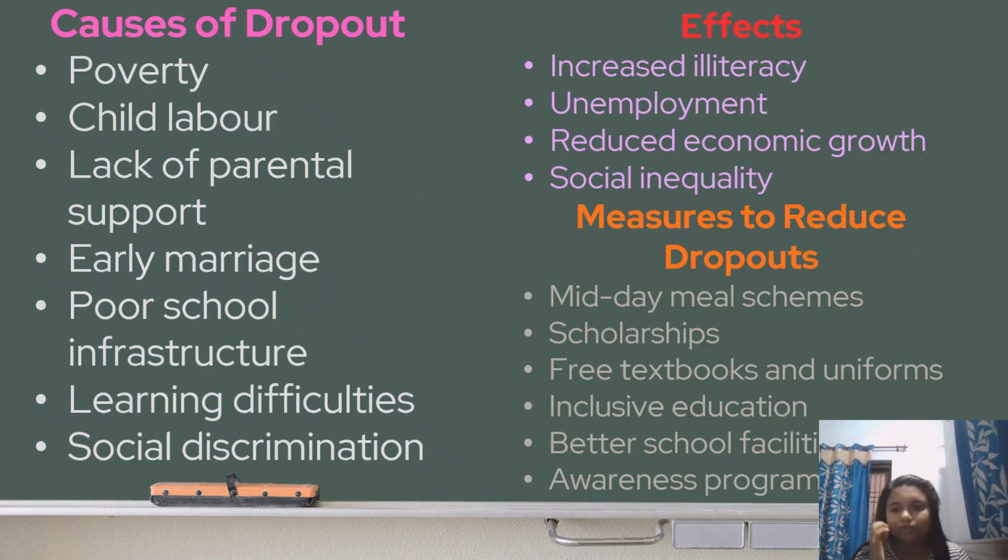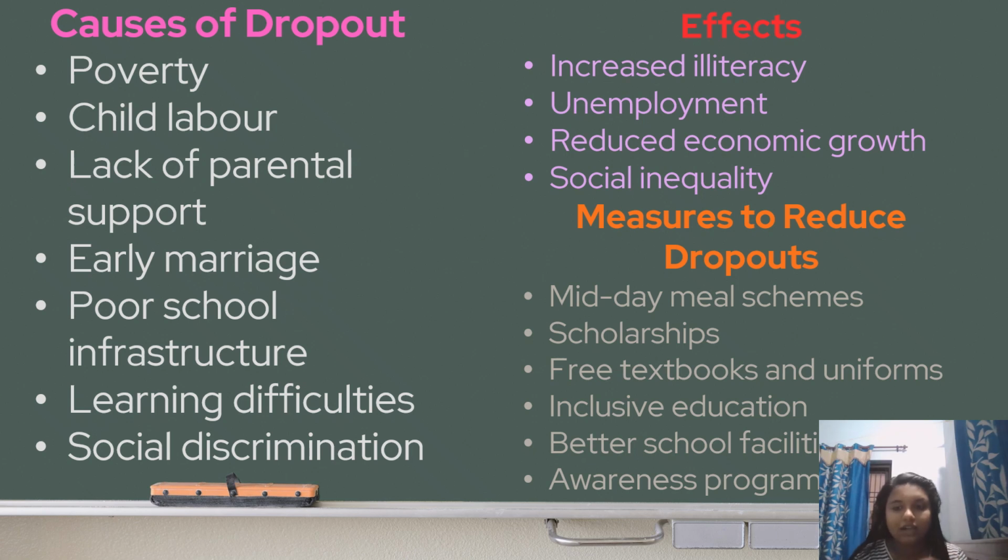Free textbooks and uniforms. We are providing free textbooks, uniforms, everything for the student to study. Inclusive education. We are including every kind of student in the classroom: girls, boys, students who have dyslexia, dyscalculia, or who can't walk or speak.